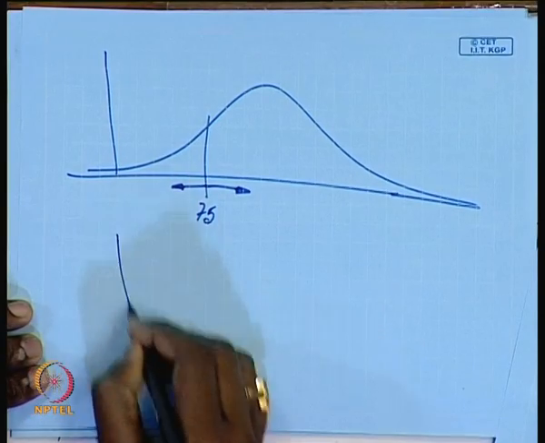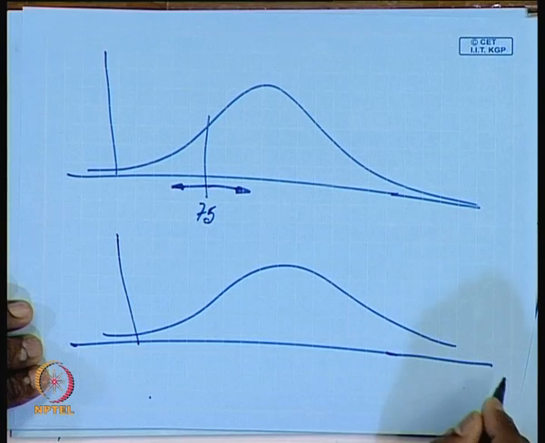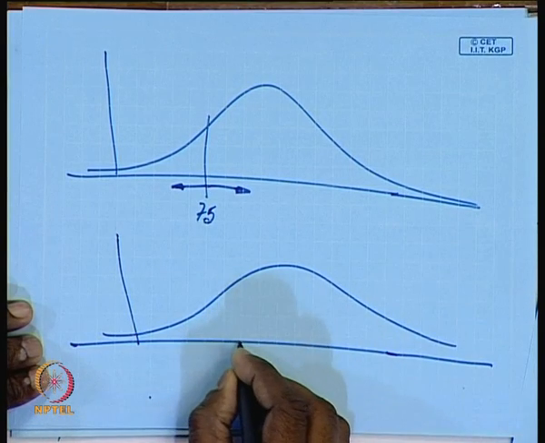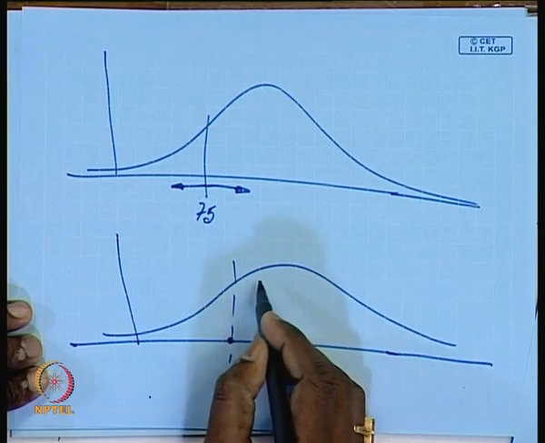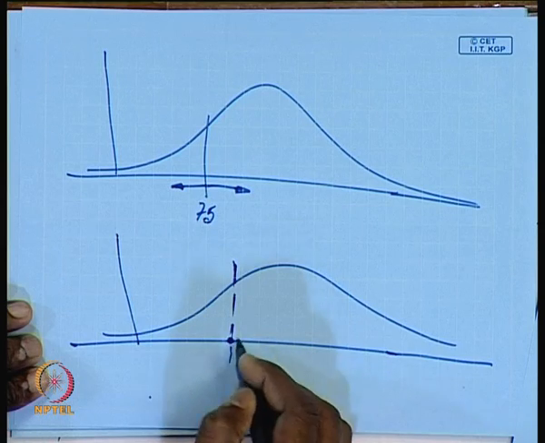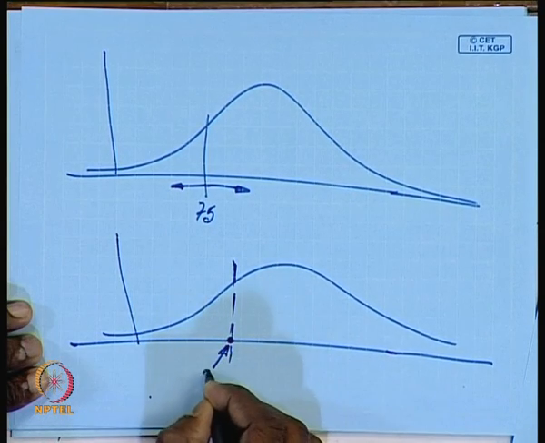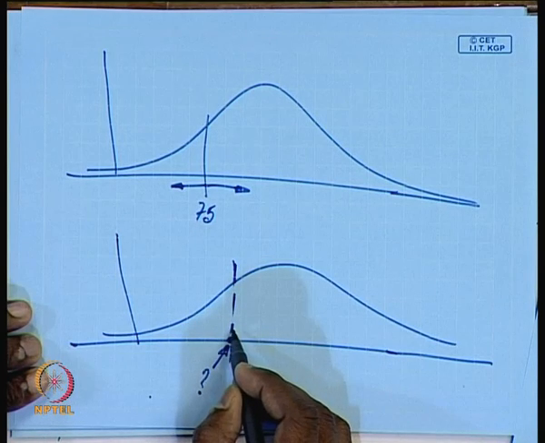So if this is the distribution of annual rainfall, then I want to know a specific value located at some point. What is this value, in such a way that this is 75% dependable?